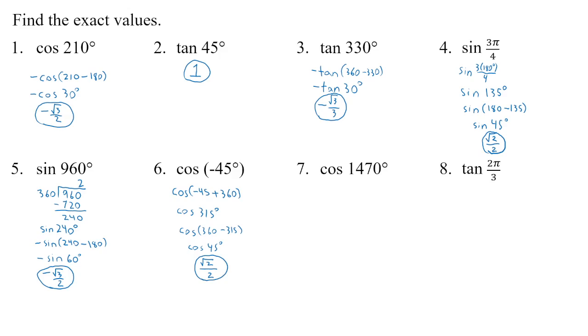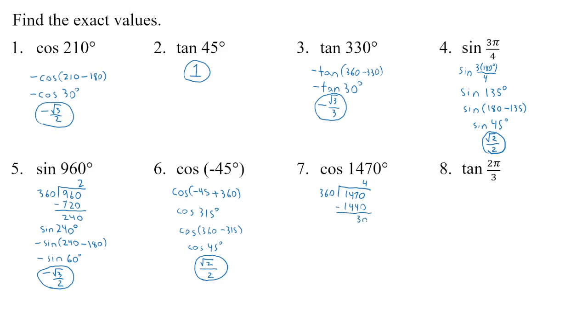All right, next we have the cosine of 1,470 degrees. This is again more than 360. So what you do is, using long division, we're going to divide 1,470 by 360. 360 goes into 1,470 4 times. 4 times 360 is 1,440.